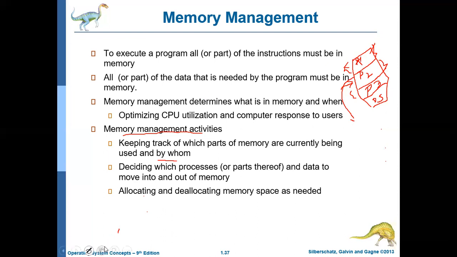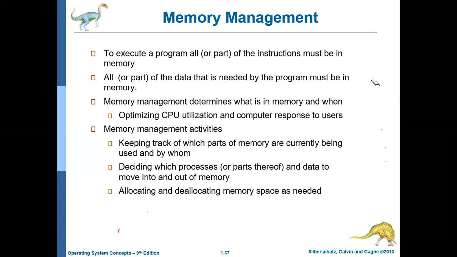So that's it about this particular topic. What we have discussed is that main memory is an important component in a computer, an array of bytes ranging in size from hundreds of thousands to billions of bytes, and each byte has its own address.